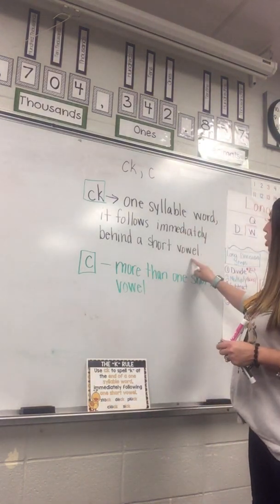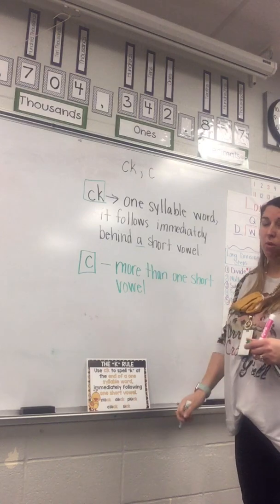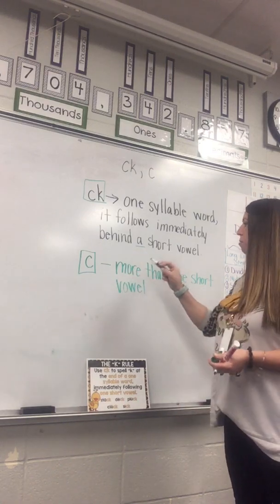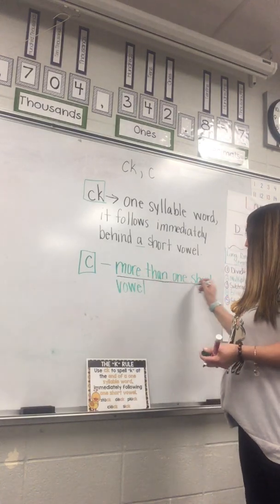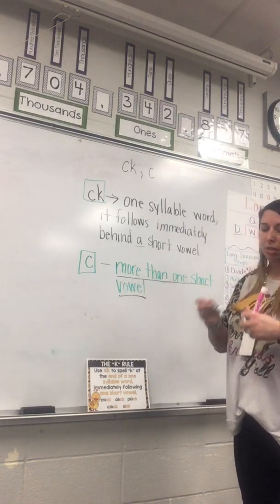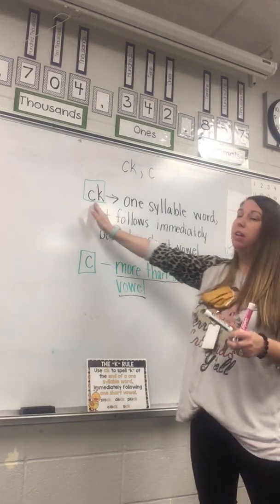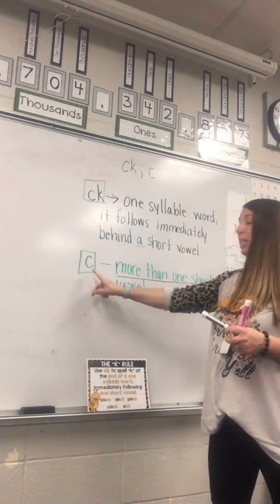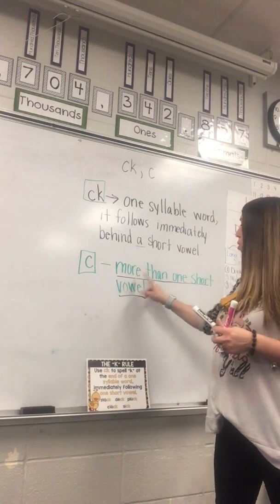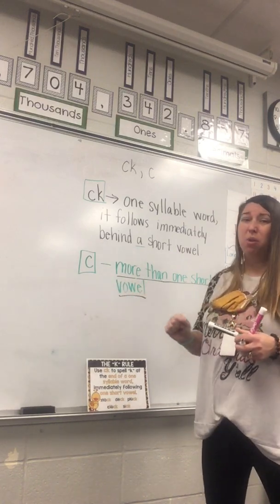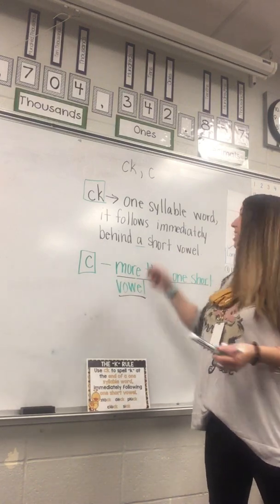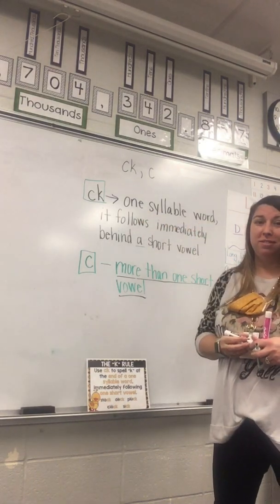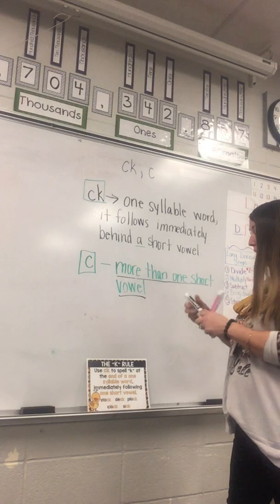This one says just a short vowel, this one says more than one short vowel. I'm going to use CK when it immediately follows one short vowel, and I'm going to use C when it's more than one short vowel. Is that still a one syllable word, or is it going to have more than one syllable? You're right, it's going to have more than one syllable.